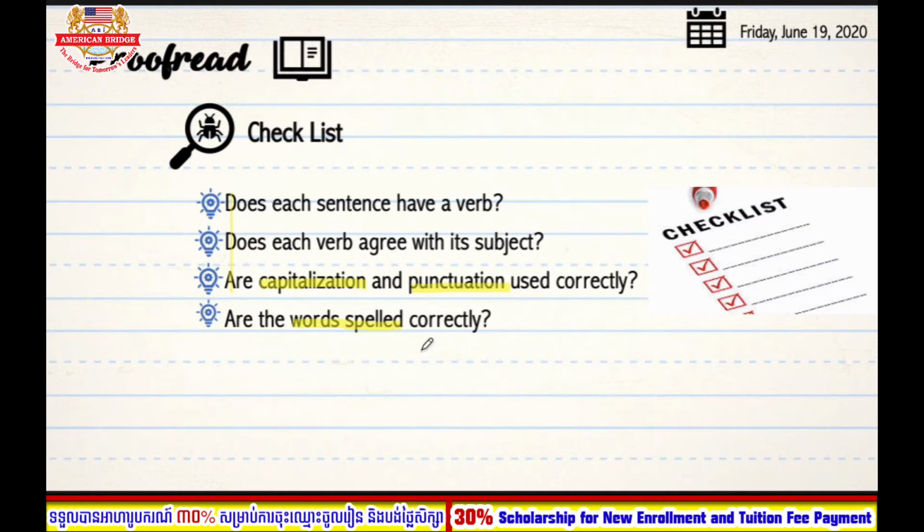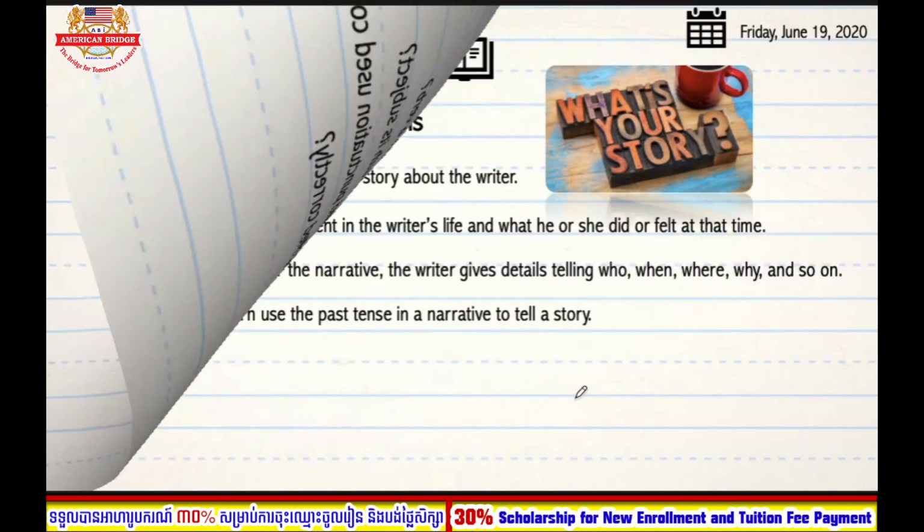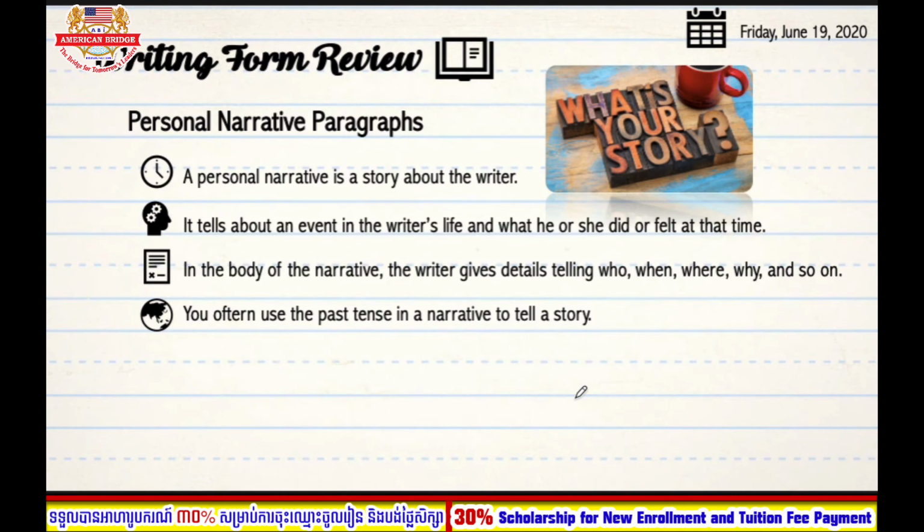So to eliminate and avoid those mistakes, you need to double check. That is why the last stage of your writing is to proofread your writing and revise your paragraph. Okay, so everyone, that's the tip for you to use in order to revise your paragraph.